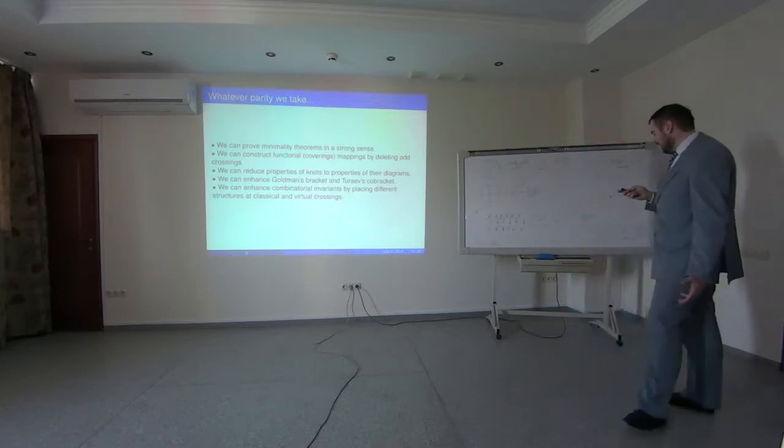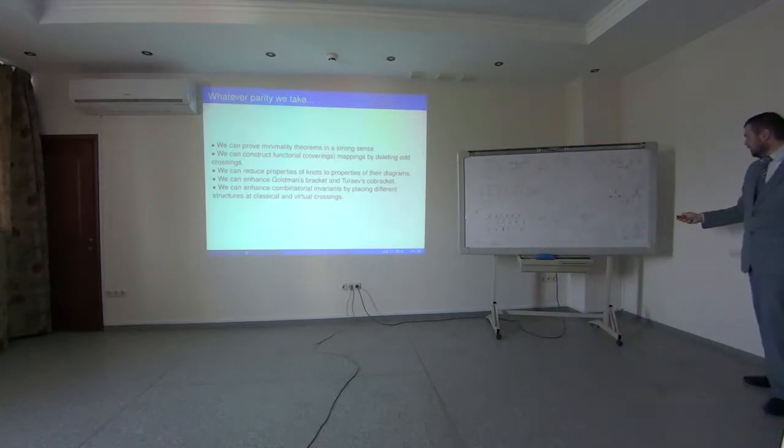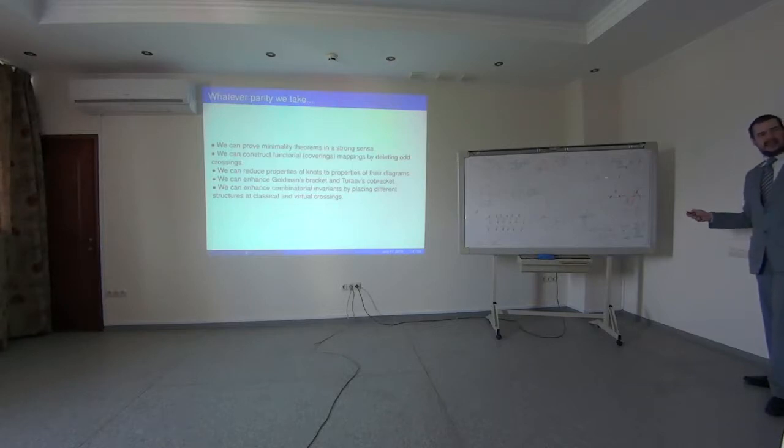So the example is given here. Here I have only one even crossing and two odd crossings. And now I construct two components, and even crossings will belong to one component, and odd crossings will belong to intersections of two components. This is the covering.